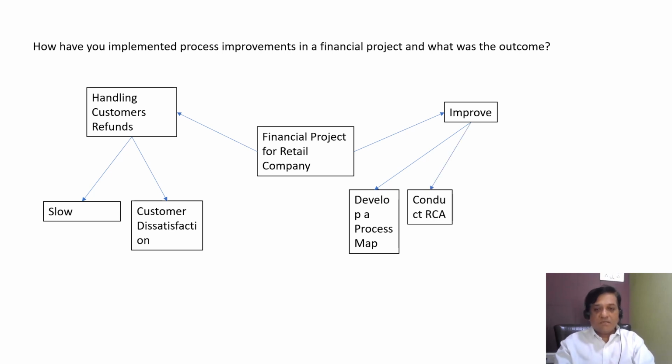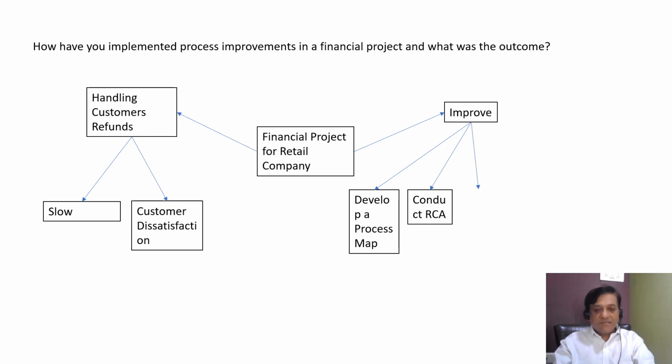Then, conduct the RCA. You have to conduct the root cause analysis of inefficiency, no automation, poor communication, and unclear procedures and policies which are there. All that you have to make sure that you bring forth.